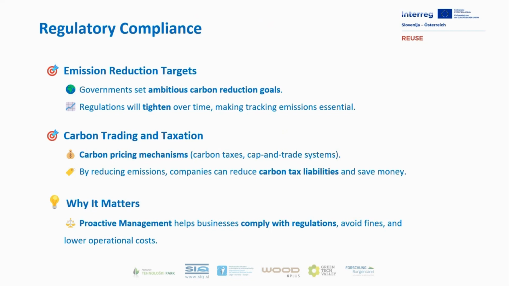Regions implementing carbon pricing mechanisms such as carbon taxes or cap and trade systems mean businesses face financial penalties unless they reduce their carbon output. So in conclusion, actively managing and reducing carbon emissions is crucial not just for environmental protection, but also for mitigating risks, complying with regulators, avoiding penalties, and achieving financial savings.